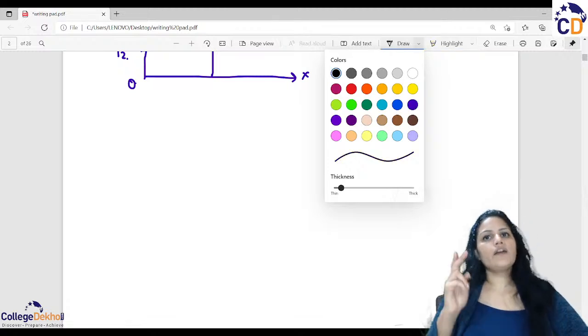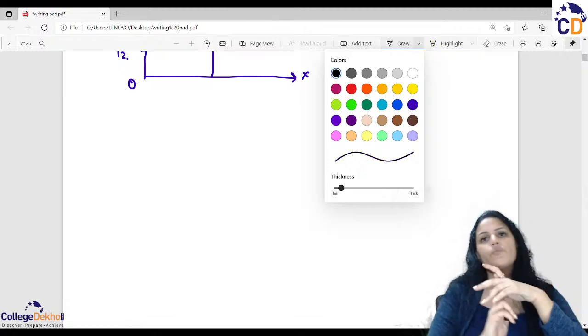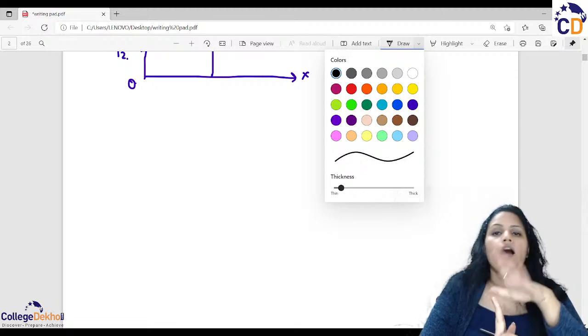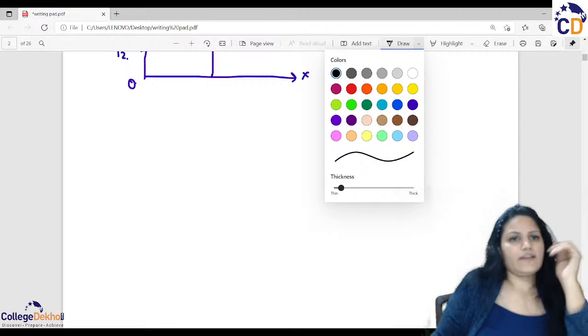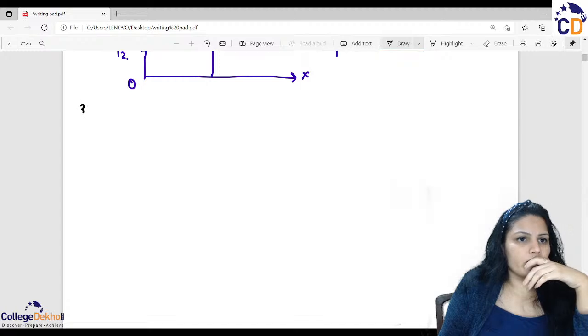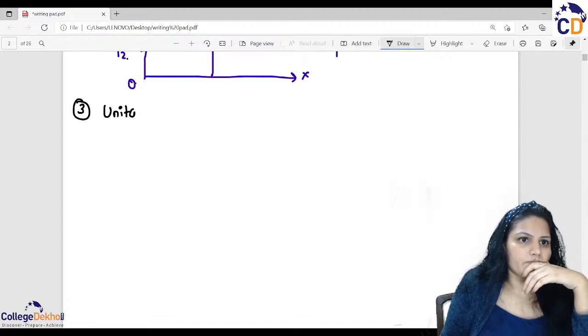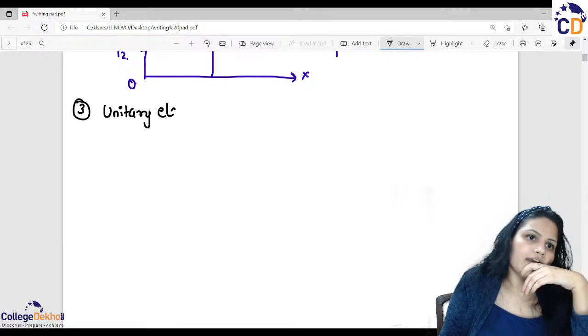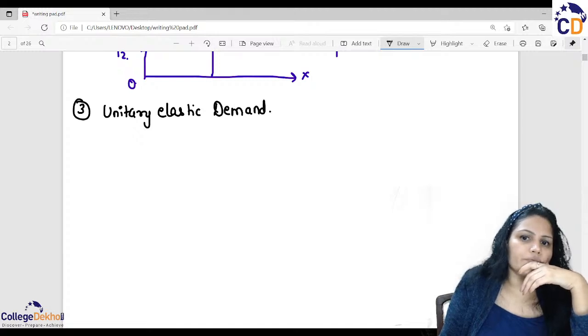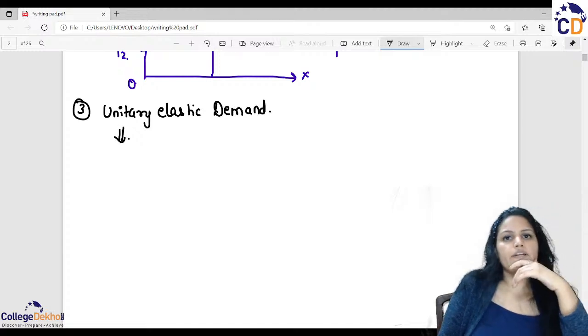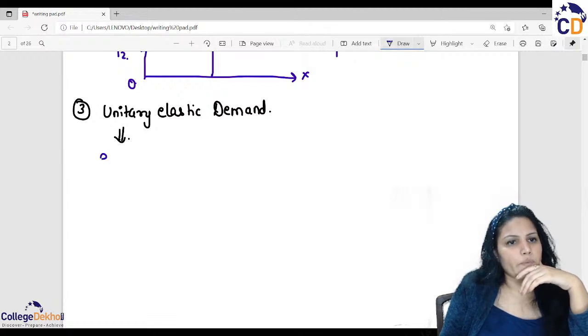After that we are left with 2 points, relatively elastic and relatively inelastic. So we are coming to the third point, unitary elastic demand. The word unitary is used for equality.